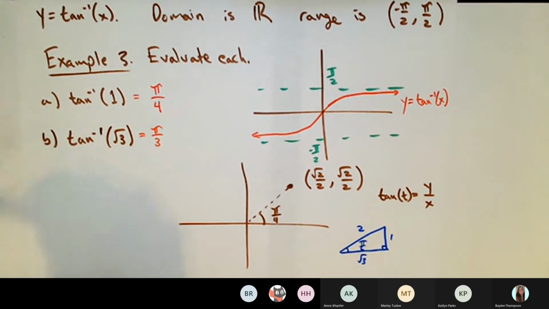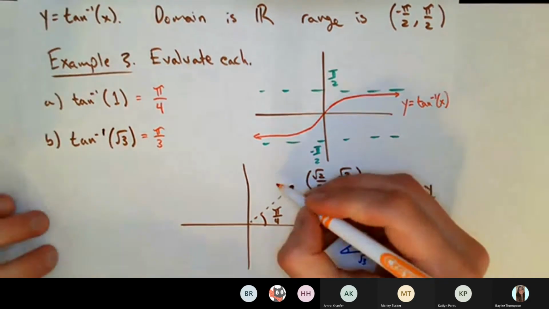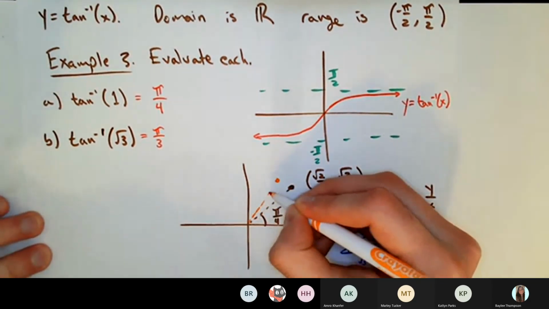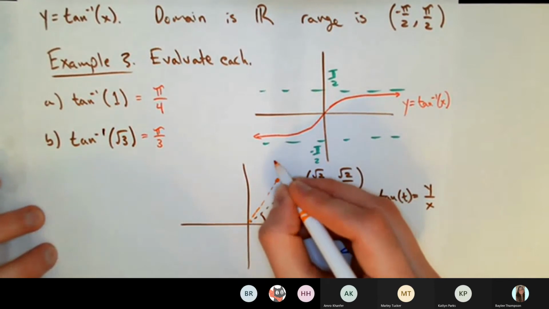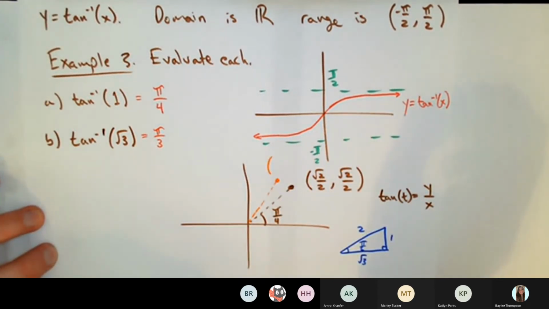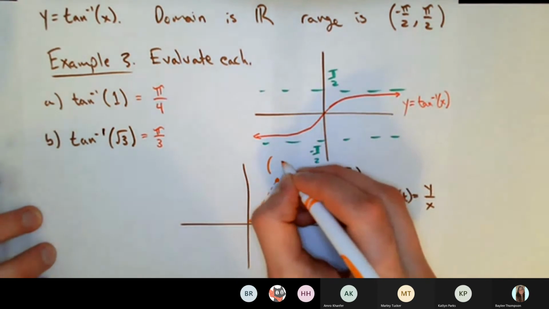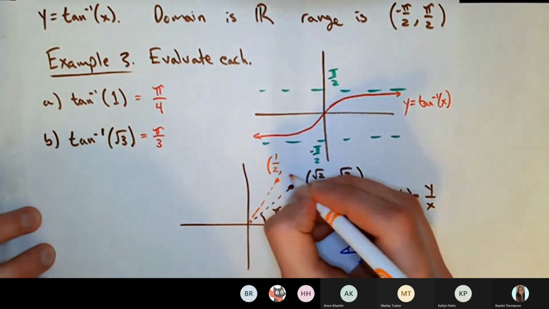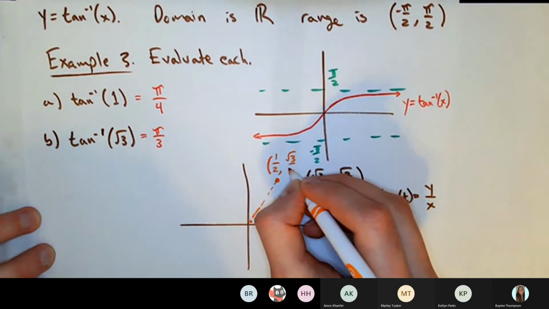How else could you see that from the unit circle? Well, if this is the pi on 3 angle, then the x coordinate is 1/2 and the y coordinate is square root of 3 over 2.